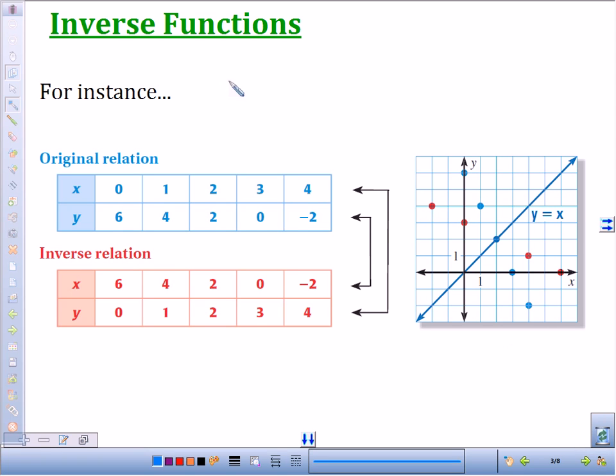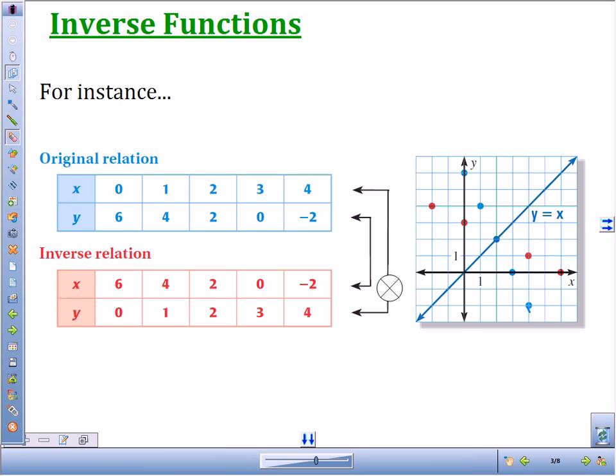Alright, so for instance, we can see here, just as an example, I have my original relation, and it's just a bunch of numbers, right? Inputs are my x values, 0, 1, 2, 3, and 4. My outputs, my y values, are 6, 4, 2, 0, and negative 2. And they're graphed here in blue. So those are my original relation as a graph. You can see my inverse relation.